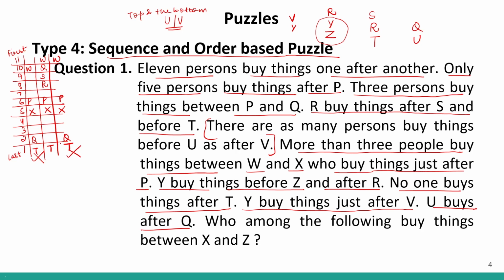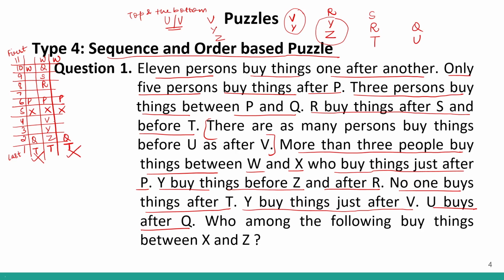I have Y and Z, and before Y I have V. So it is V, Y and Z, correct? I can place my V, Y and Z like this.